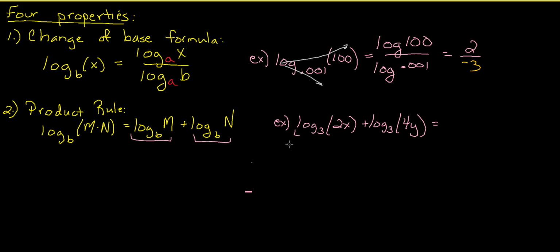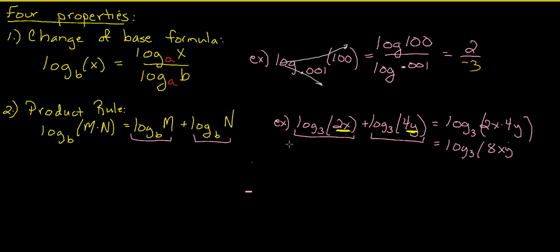That's exactly what we have here. So I can combine that into one log base 3, and I'm going to multiply the arguments. So that's going to be 2x times 4y, which is probably a lot better if we write log base 3 of 8xy.